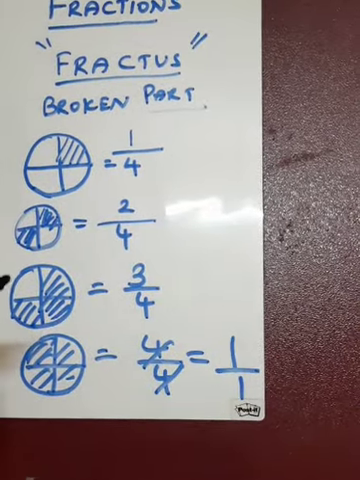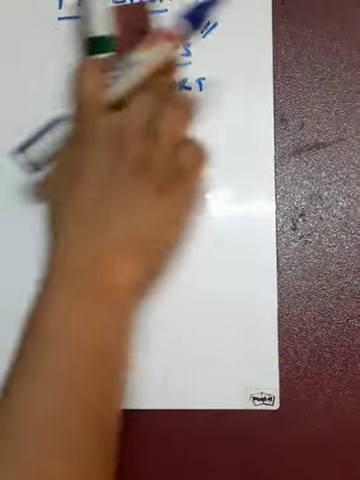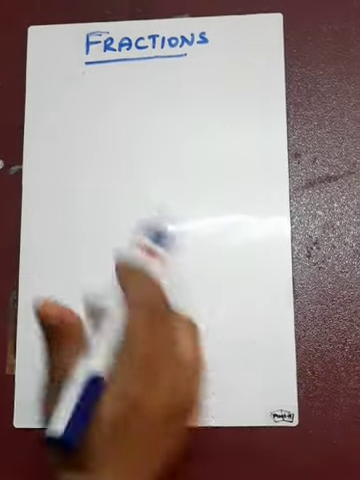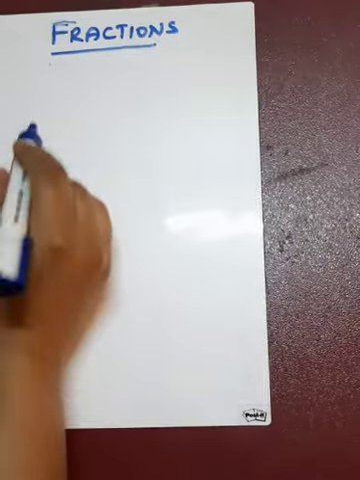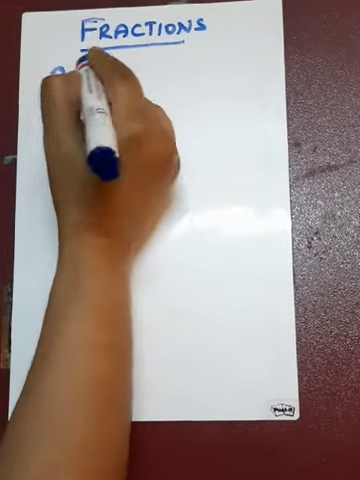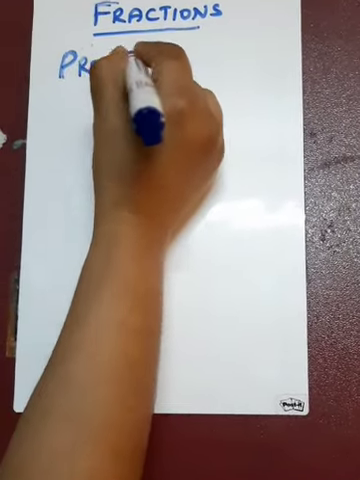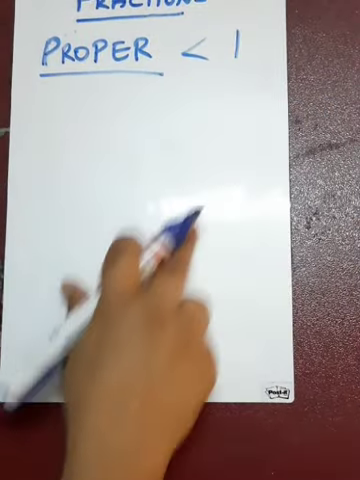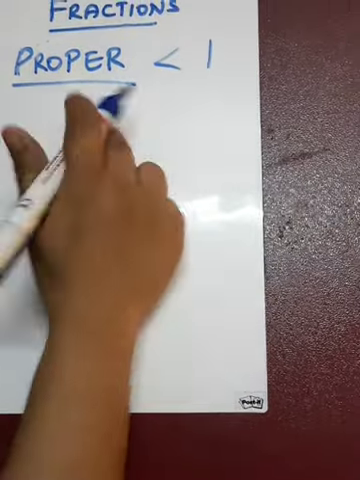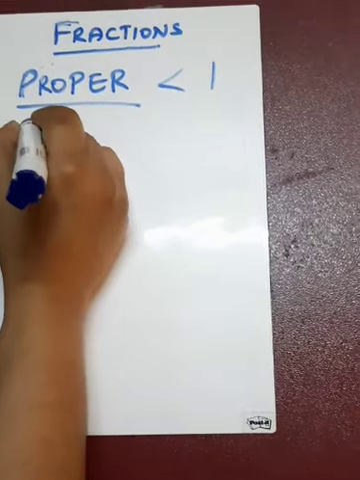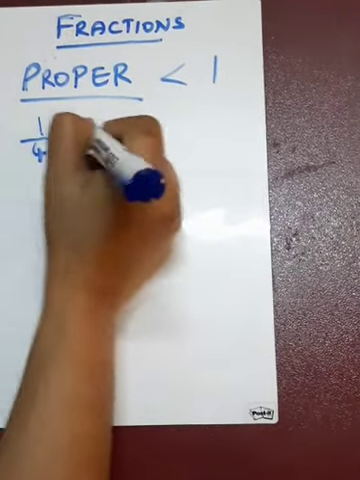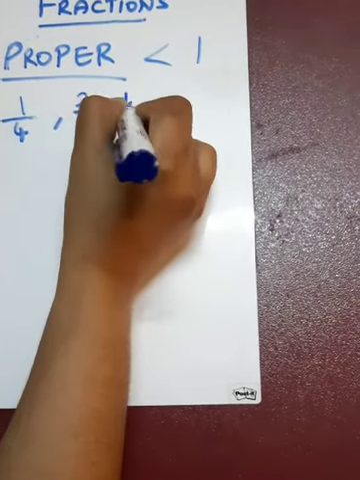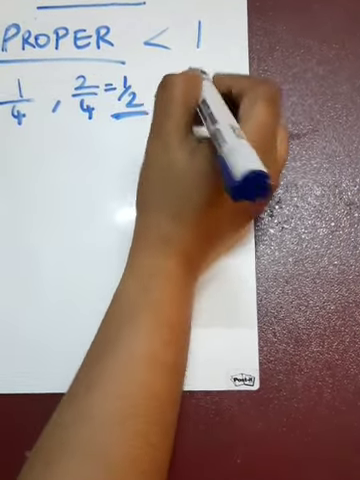Okay, so now you will get one doubt. So auntie, will it always be less than 1? What will be the value of a fraction? Yes, if it is a proper fraction, it will always be less than 1. See, in the last example we saw 1 by 4. 2 by 4 is nothing but half, half of that biscuit.